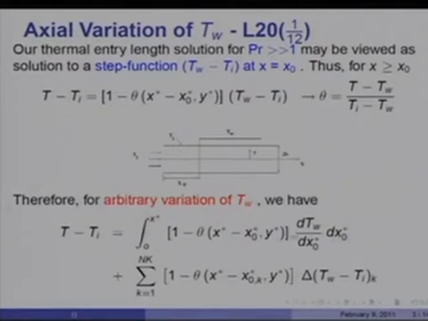This would be for the continuous part of the variation, and this would be the sum over k of 1 minus theta (x star minus x naught k, y star) delta T w minus T I sub k. This would be for the discontinuous part of the solution. This is exactly following what we did in the case of external boundary layers.